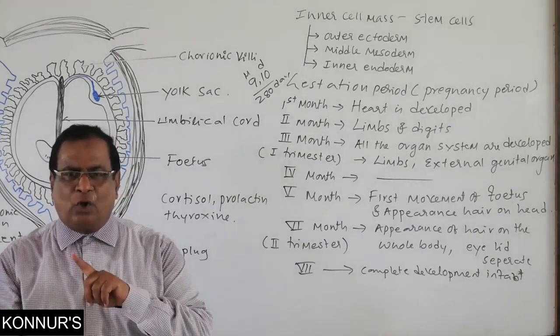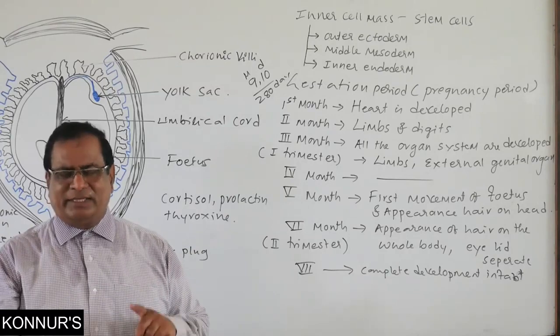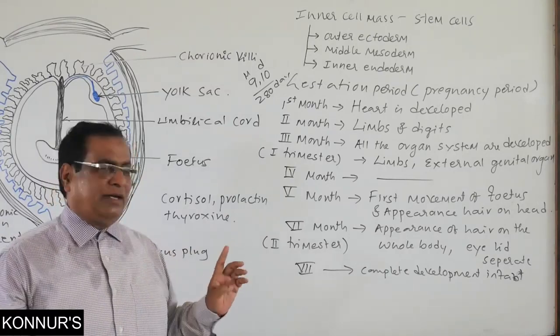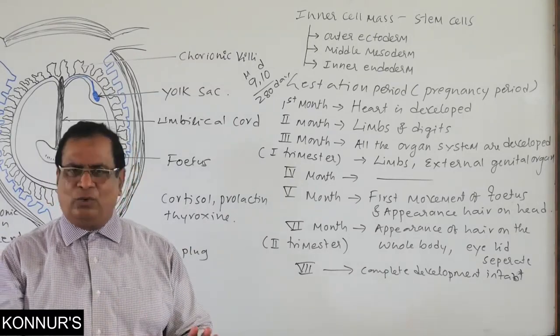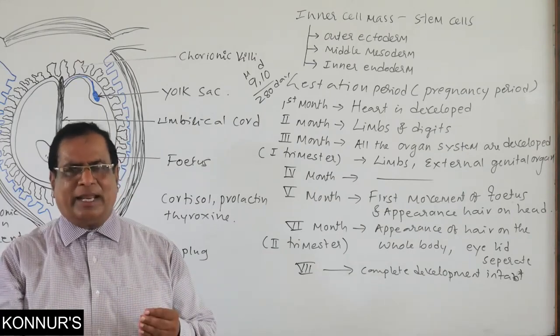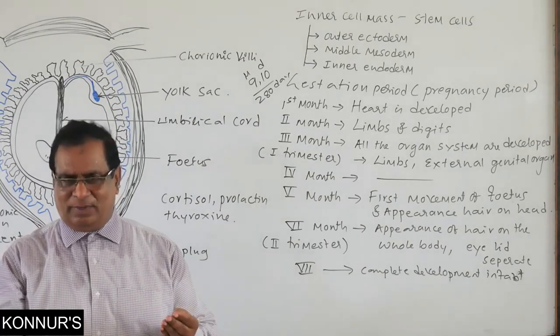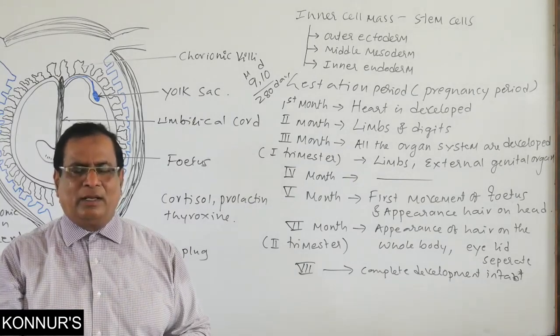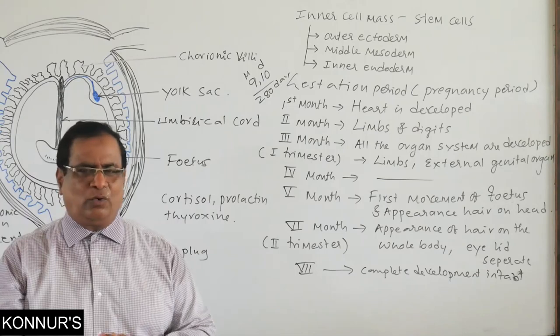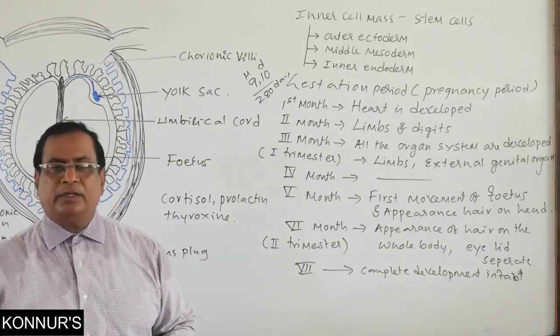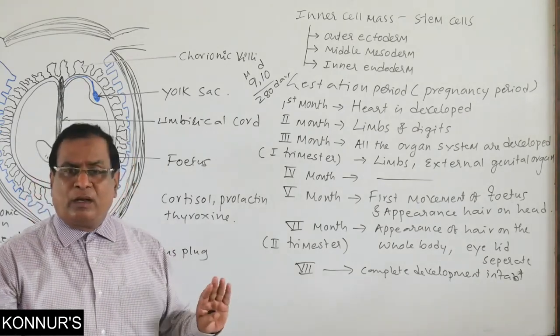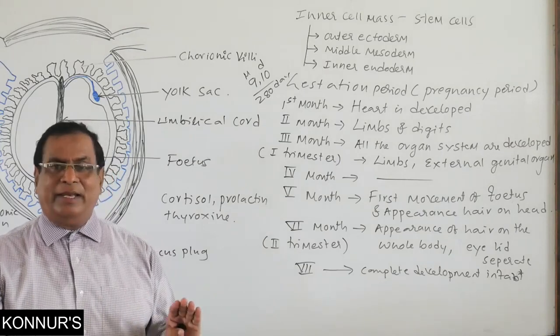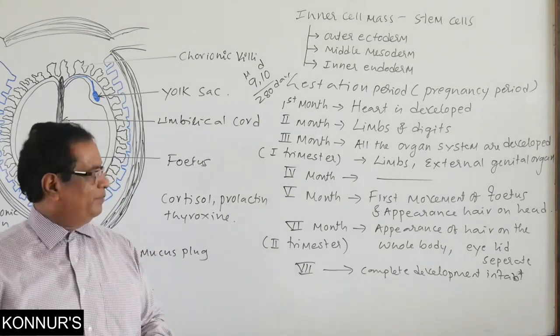It's absolutely wrong. By 7 months, a complete development of the embryo has taken place. Delivery can take place at any time, either in the 7th month or the 8th month, even in the 9th month as well. There will be no death or anything during the 8th month.